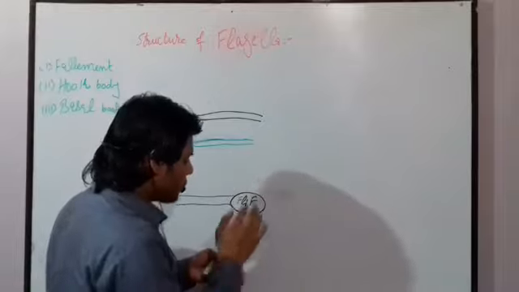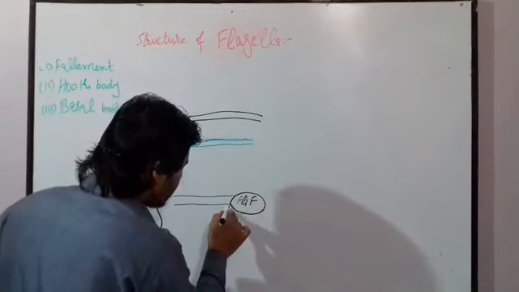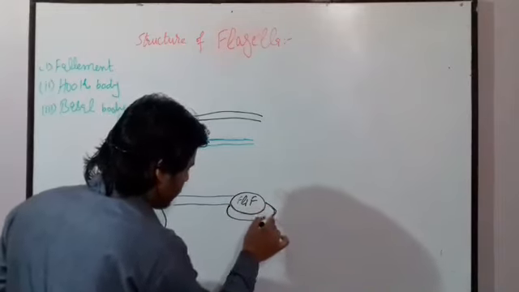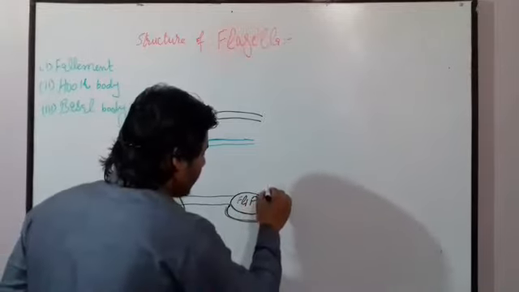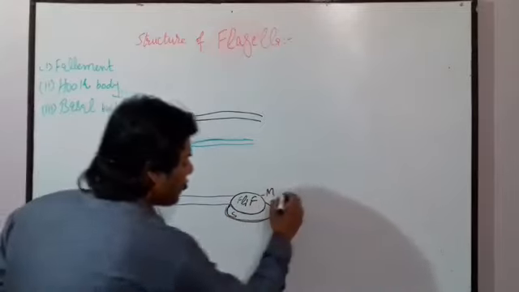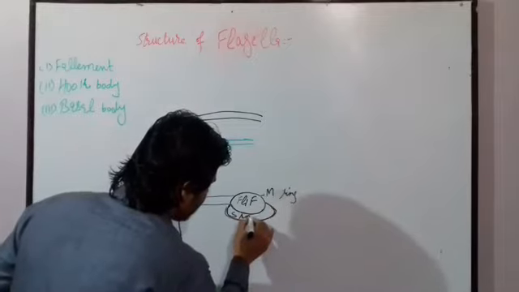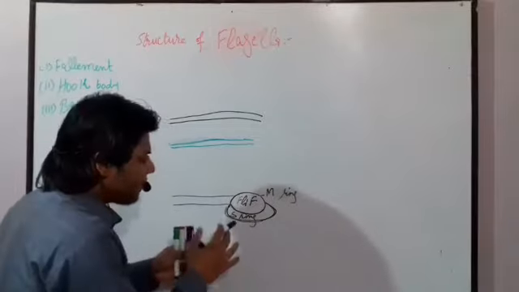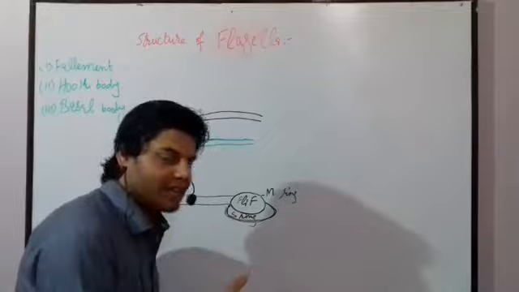Now this FliF protein can make two rings. This is the first ring, and second we have another ring. The first ring we call the M ring, and the second ring we call the S ring. So we have two rings, the M ring and the S ring. So this FliF protein is responsible for making the M and S ring.